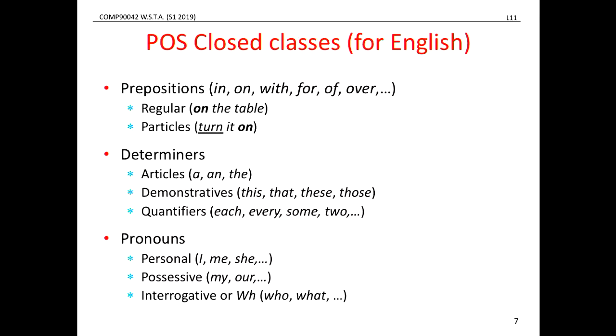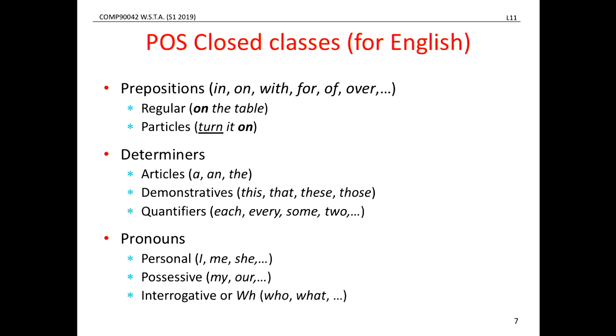So turn the television on, we've added extra stuff in the middle, but turn on is operating as a fragment. And there are other words like that, ring up, tone down, etc. So often it's a preposition that's behaving as part of a verb. We call that a particle. It can be quite hard to try and determine automatically if the word is operating as a preposition or a particle. It's a complex challenge.